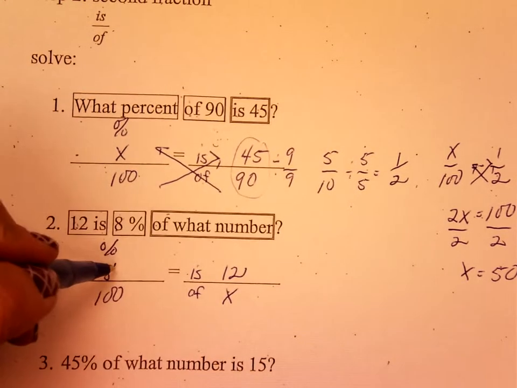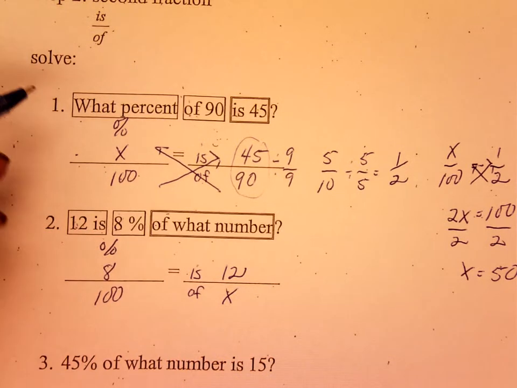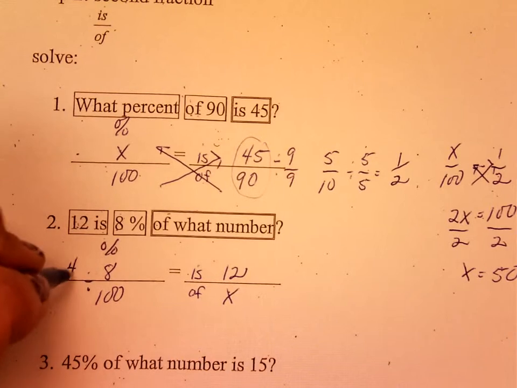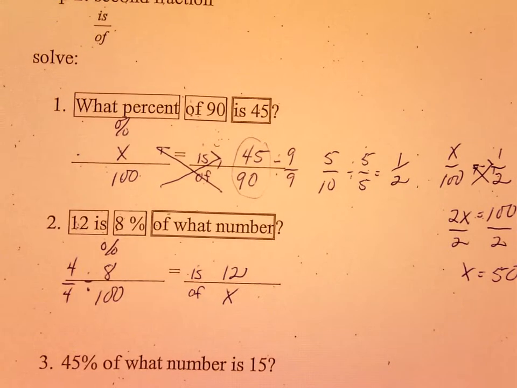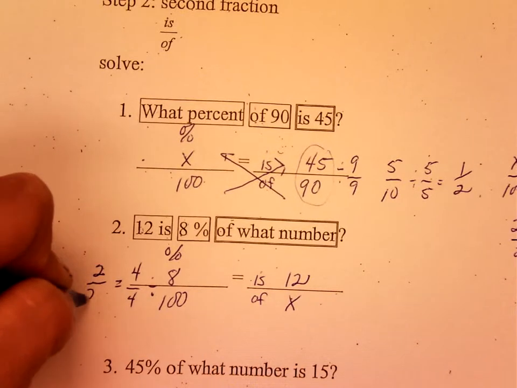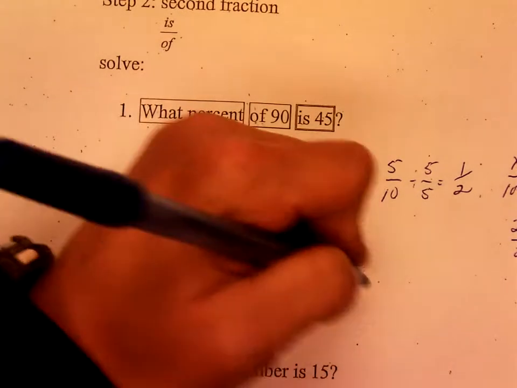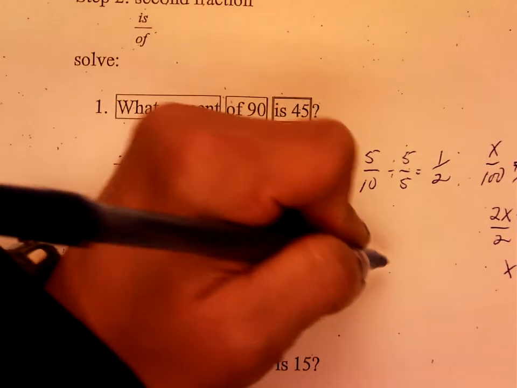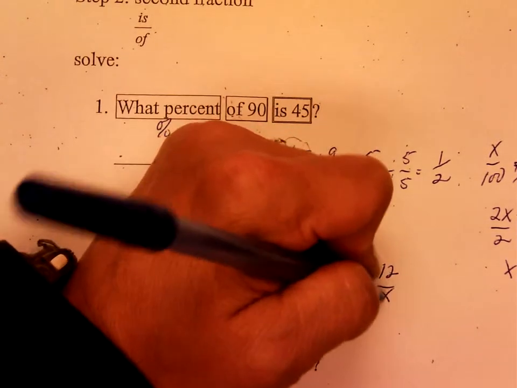Okay? If you can reduce, I would do so, because then you have a smaller number. I'm going to reduce this by 4, divide top and bottom by 4, and you'll get the answer of 2 over 25. So this is really saying 2 over 25 is equal to 12 over x.